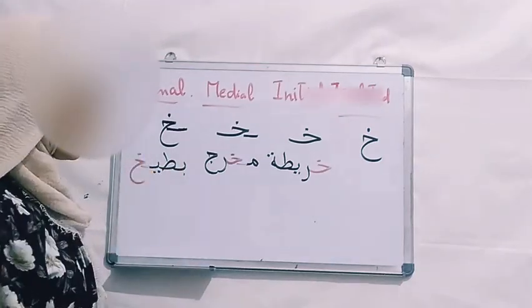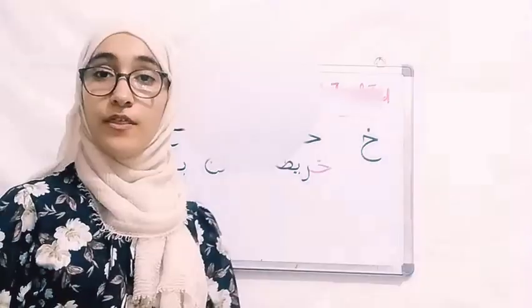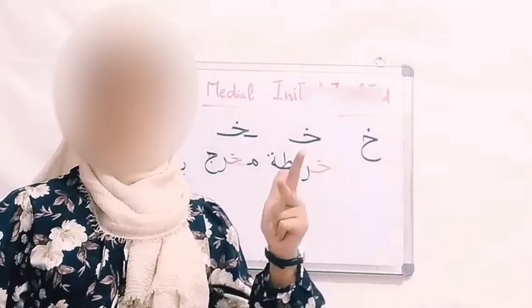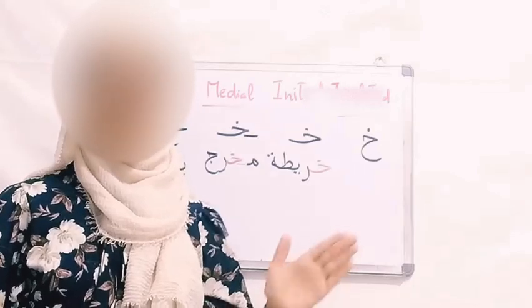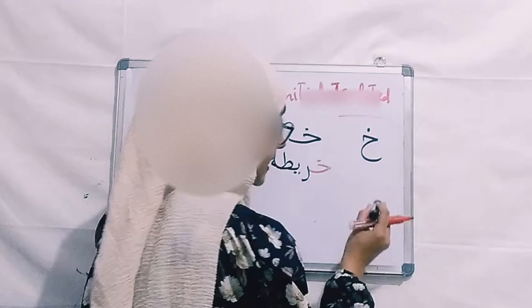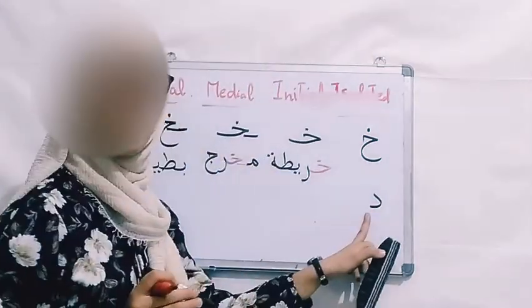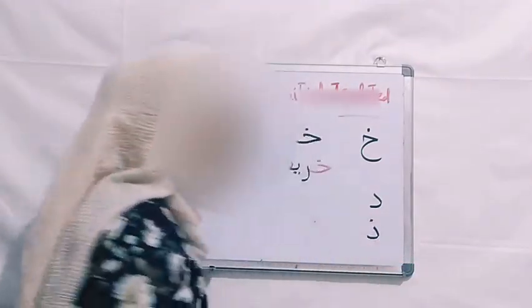Okay? So then we have Dal and Dhal. As I told you, Alif, Dal, Dhal are among the 6 one-way connectors. So they don't connect after. So Dal, if you remember, the shape of Dal is like this, and Dhal also.